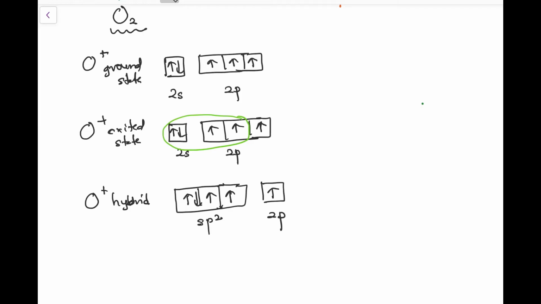Okay, for oxygen number 3, it is oxygen. So we write the ground state that consists of 6 electrons.